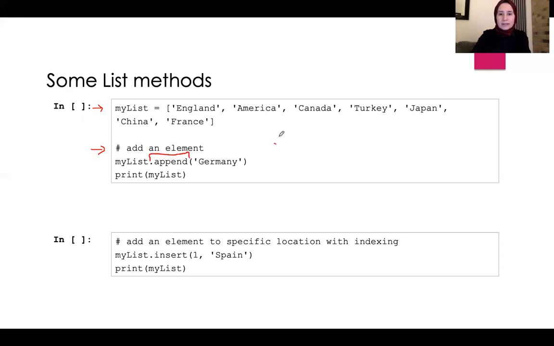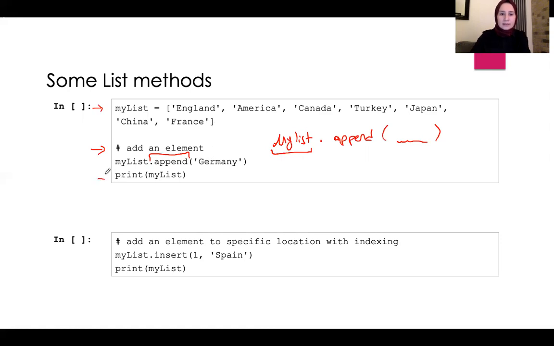You have to put the name of your list, then dot append, and then inside the parentheses, you put the element that you want to put into your list. In this case, Germany is the element and it will be added to the end of this list. So the append method basically puts the element at the end of the list.